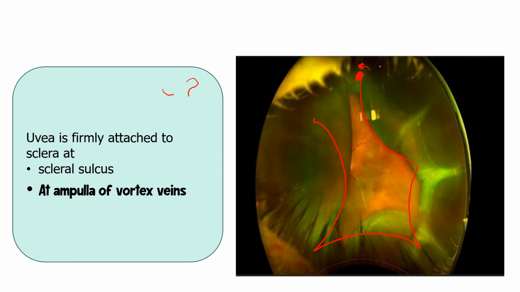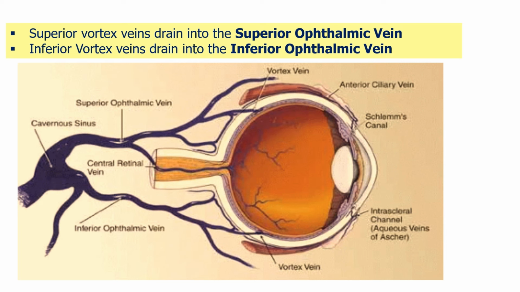Therefore the fluid accumulates in this lobular configuration, and that is the reason why you get this trilobular or quadrilobular appearance of a full-fledged choroidal detachment.